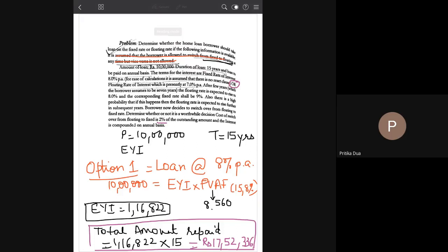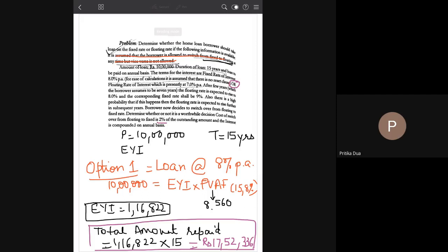We had started with option 1, and under that the EMI calculated was 1,16,822. Using PVAF table, we see that the present value of all the yearly installments, in this case the installment was to be paid yearly, so the present value of all the yearly installments would be equal to the amount of loan taken.